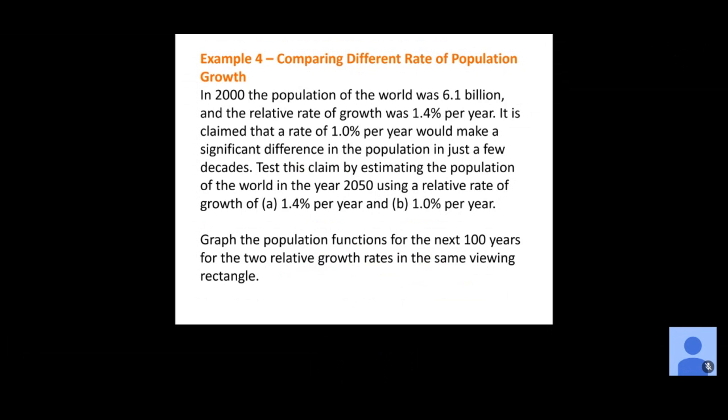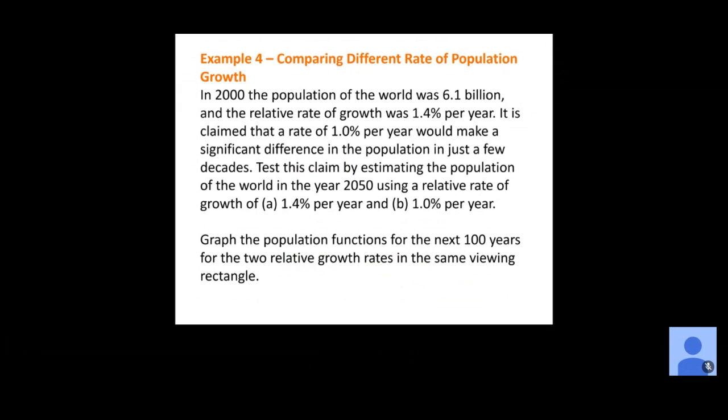So we want to test this claim. We're going to estimate the population in the year 2050 using 1.4%, which is what they think it was rising at, and then we'll change it to 1.0% instead just to see how much of a difference in the predicted population that would make. Okay, so first off, we need our formulas, right?